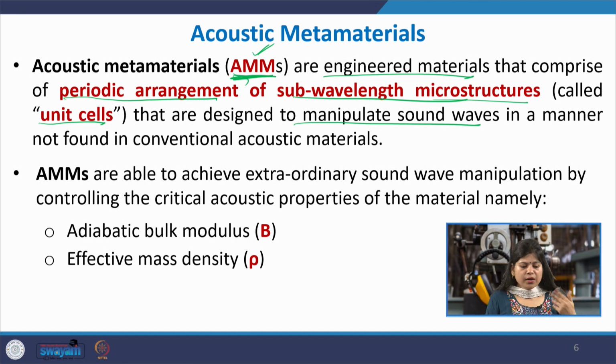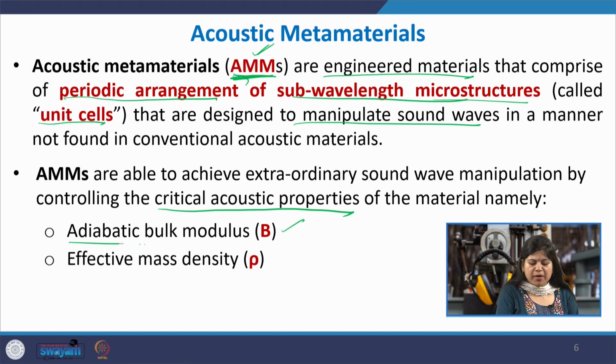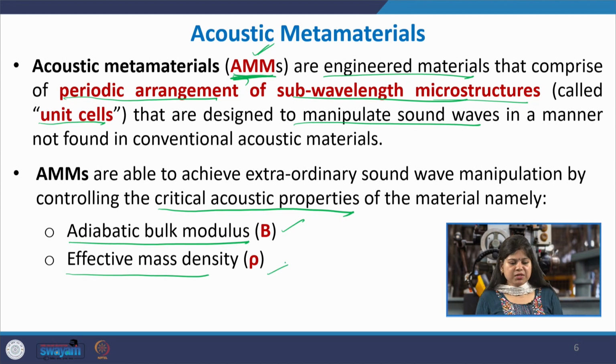And what is the principle behind it? Why do they achieve this extraordinary sound wave manipulation? They are able to control the critical acoustic properties, which are the adiabatic bulk modulus and the effective mass density of that material.